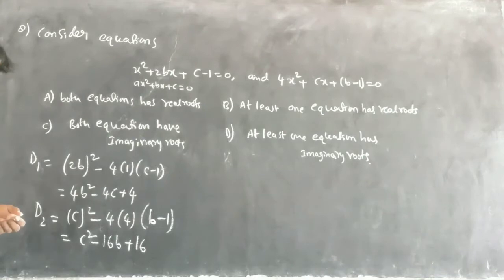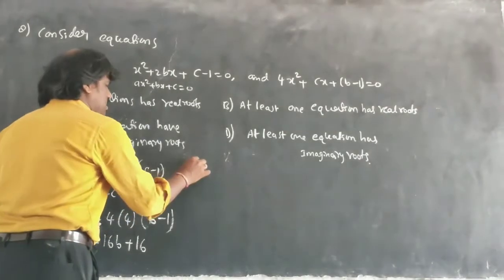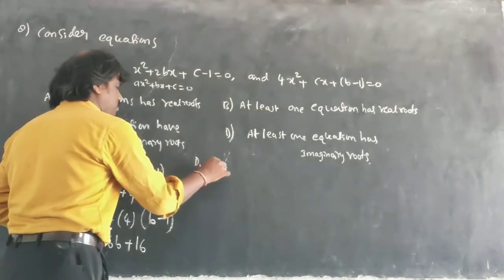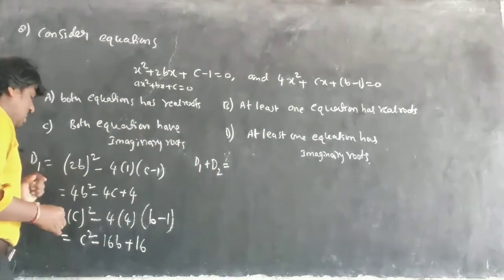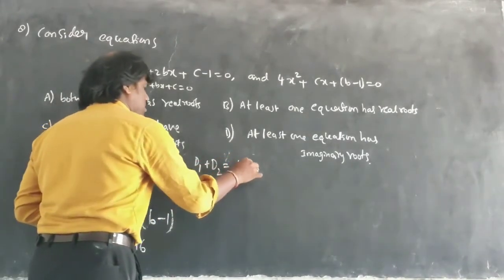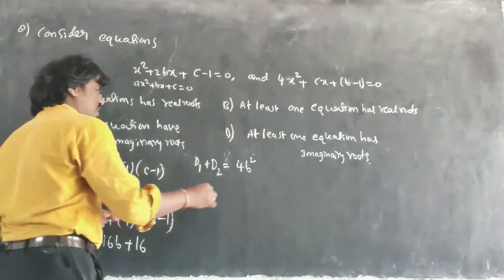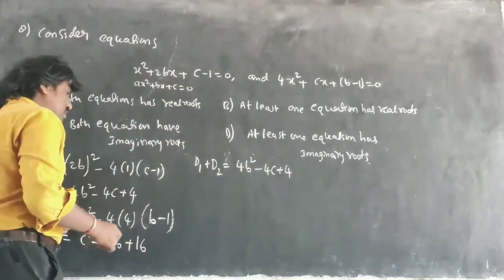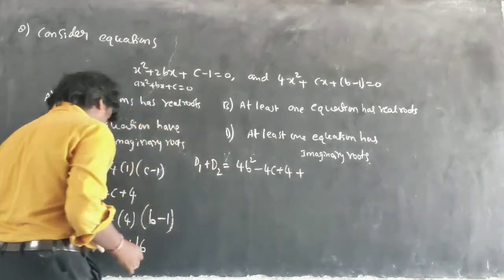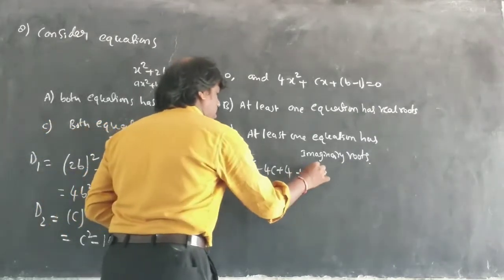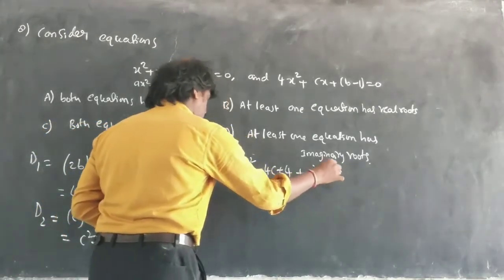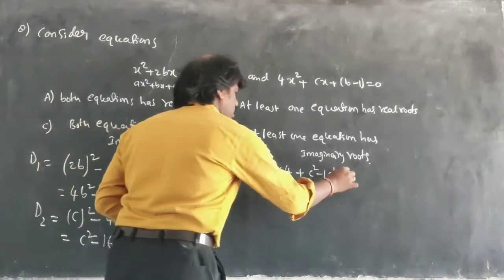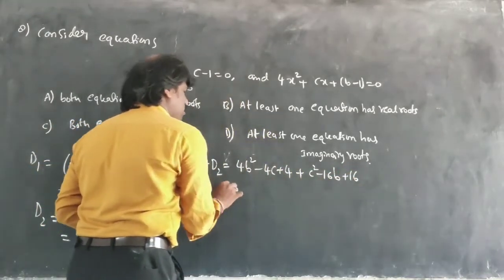According to this, D1 plus D2 is equal to D1, you have 4b square minus 4c plus 4, and plus D2, you have c square minus 16b plus 16. Let us add this.